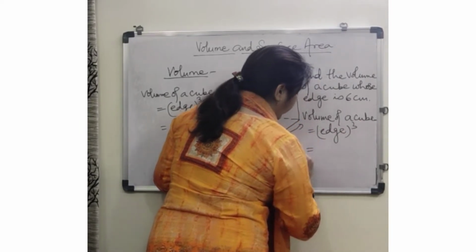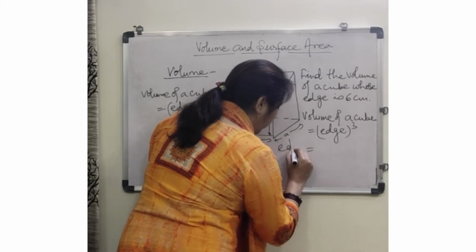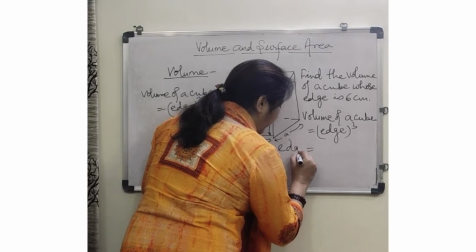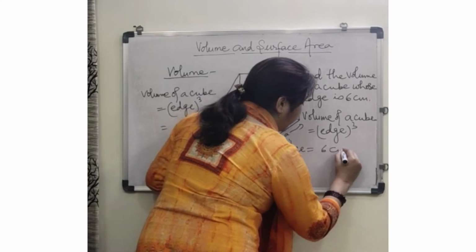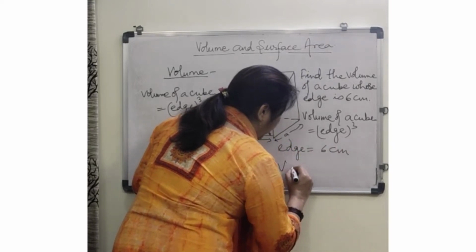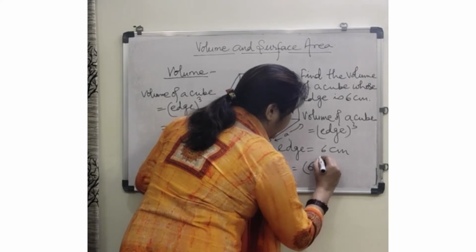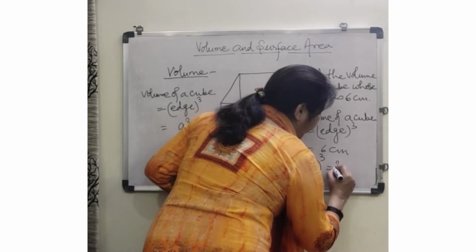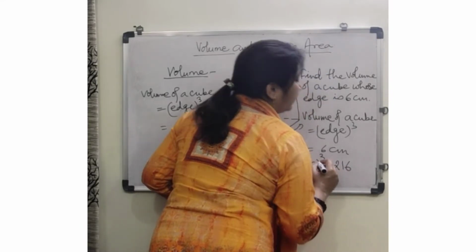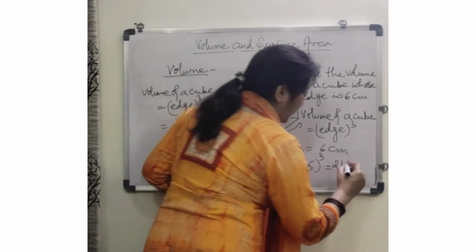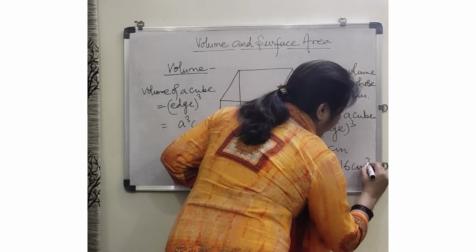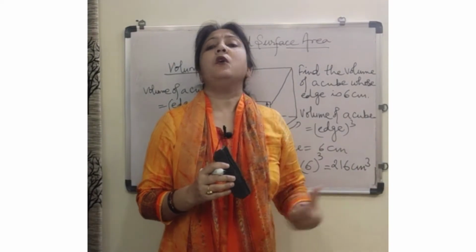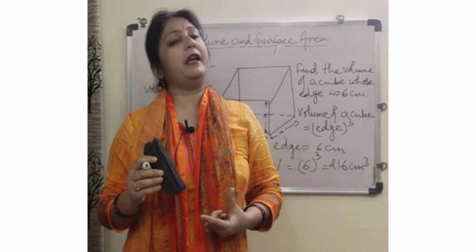The edge is given to you. What is the measurement of edge? Edge is equal to 6 centimeter. So volume is equal to 6 cube. And what is the cube of 6? 6 sixes are 36, 6 thirty-sixes are 216. 216 centimeter cube.